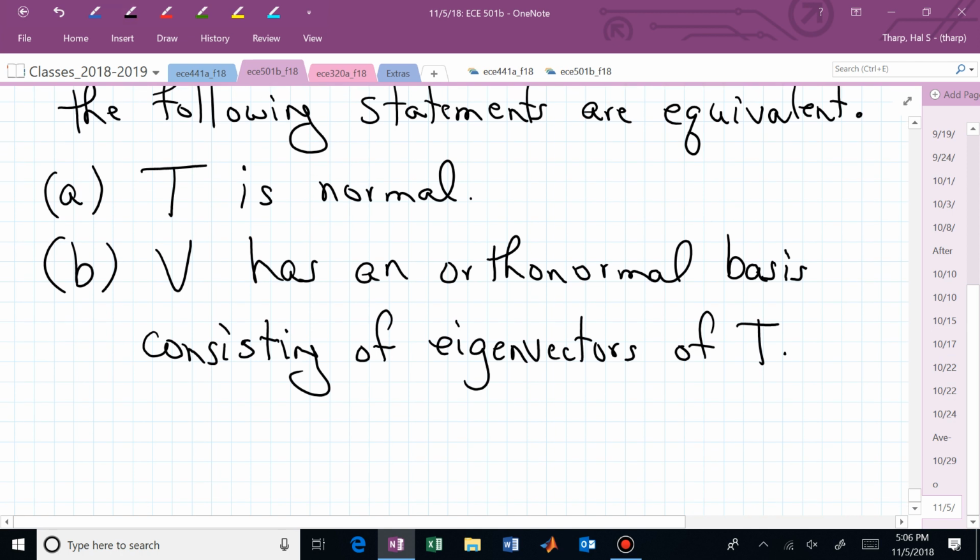So if T is normal, now we can find the eigenvectors of T, and we can actually make those eigenvectors orthonormal vectors, and they will form a basis for this vector space.